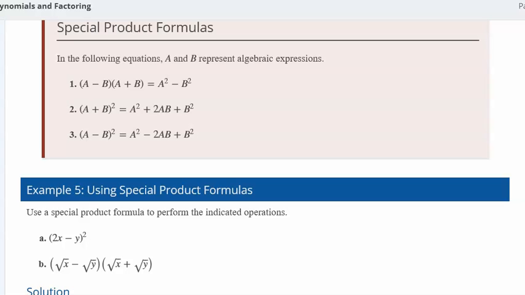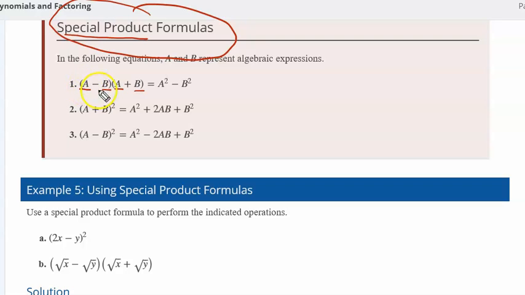Now our next background item is special products. And these special products are things that if we can recognize them in the future help us with factoring as well. Now here we see a, b as binomials, and one's a positive and one's a negative.